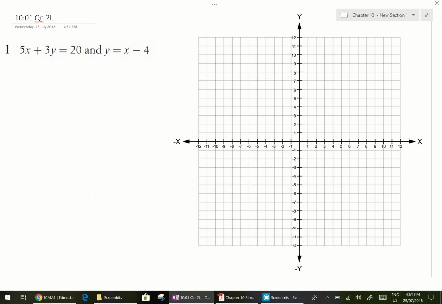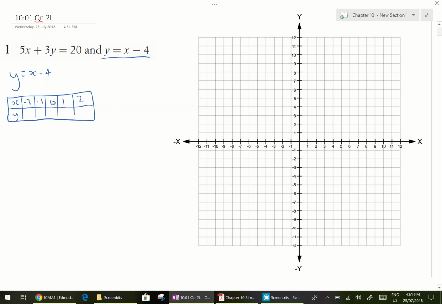What I will do is start with y equals x minus 4, because that's going to be easier to graph. We draw our table of values. We start with x on the top, y on the bottom, -2, -1, 0, 1, 2.